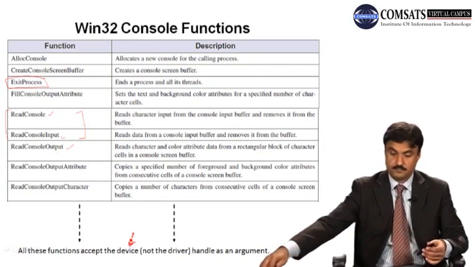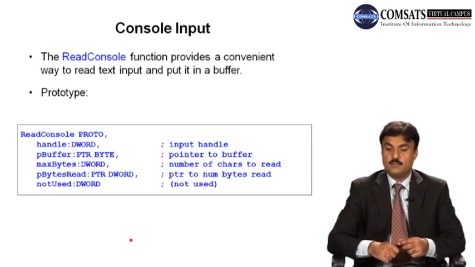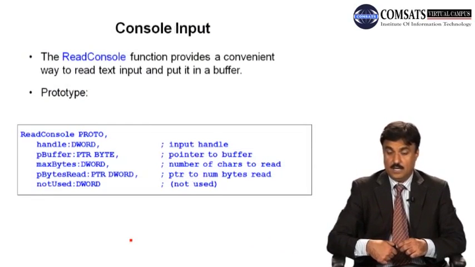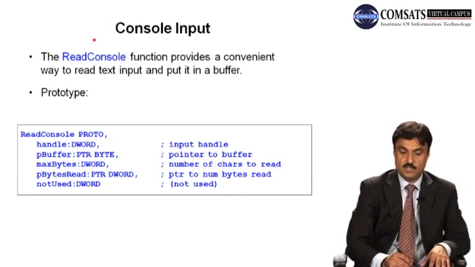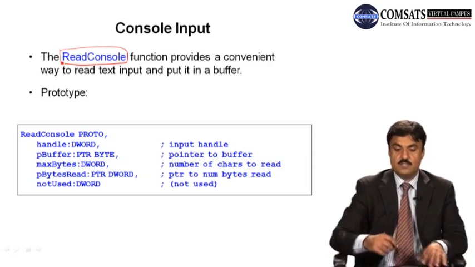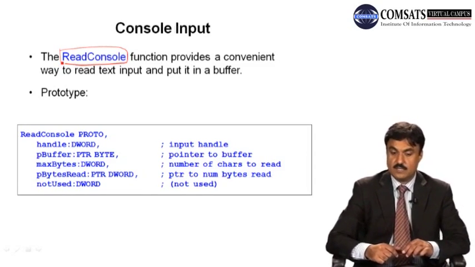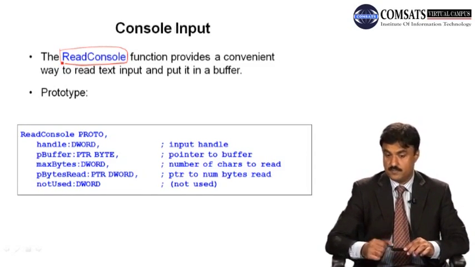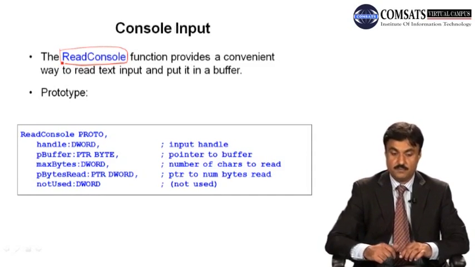For console input, if we want to receive input from the keyboard, we have the Win32 console function called ReadConsole. This function provides a convenient way to read text input and put it inside the buffer.